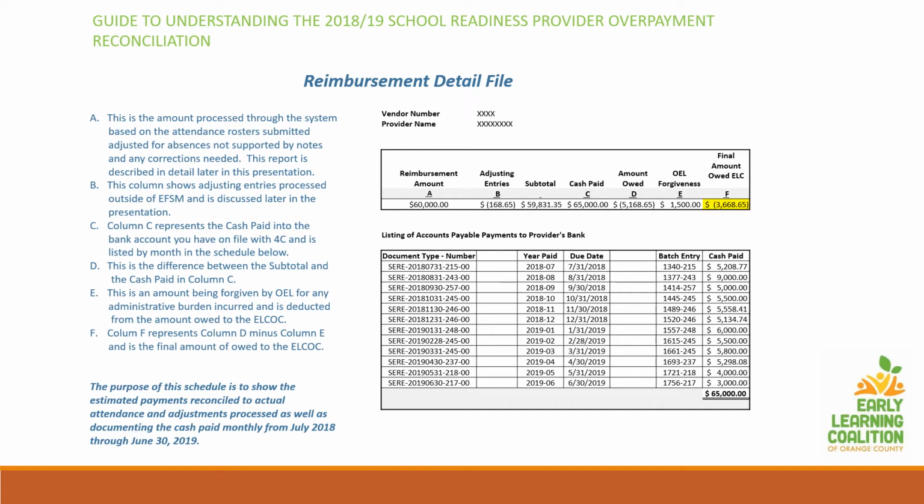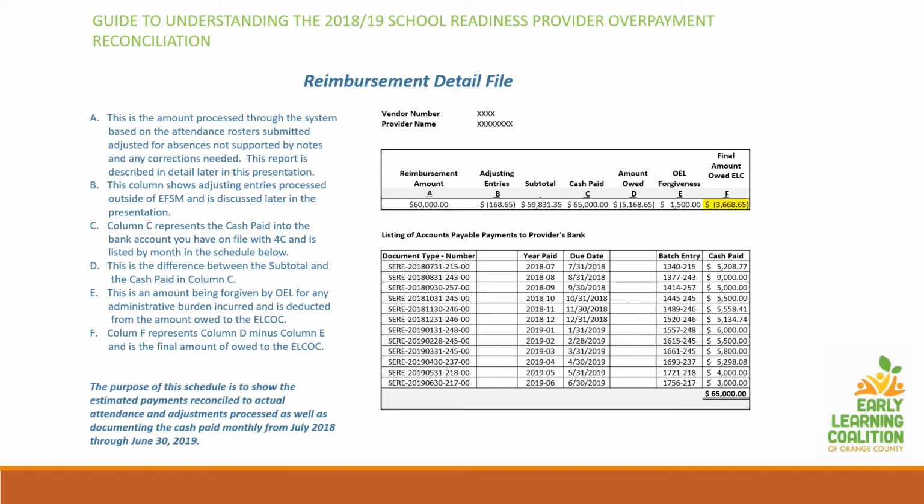Included on this page is a monthly listing of all the cash that paid into your bank account. The total of these payments will agree to the total in the top reconciliation box. You can agree to these amounts to the amounts appearing on your bank statements.